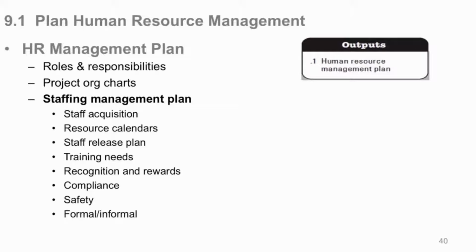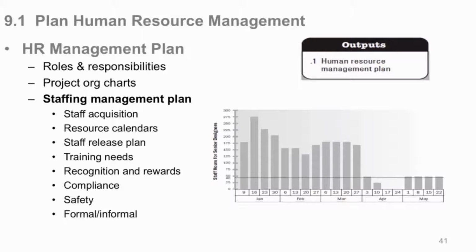Compliance, safety, all those features of human resources are in your staff management plan. Formal is best, but it could be informal if your project is the type where you can get by with a more or less informal plan, but formal is always best. So that's your HR management plan.